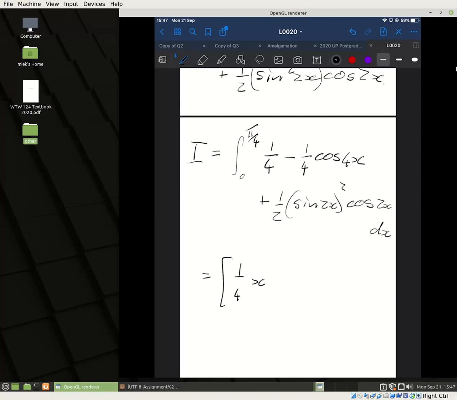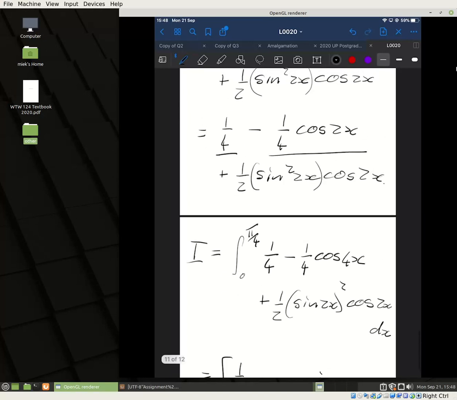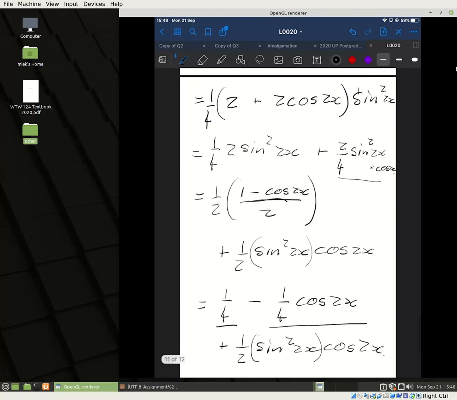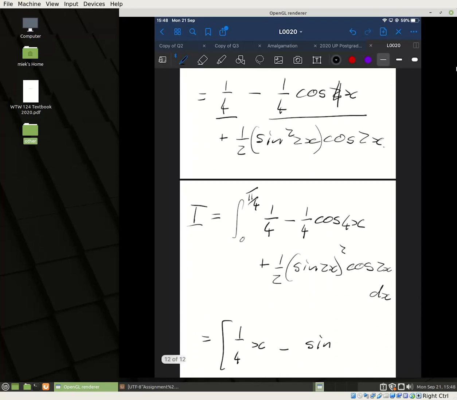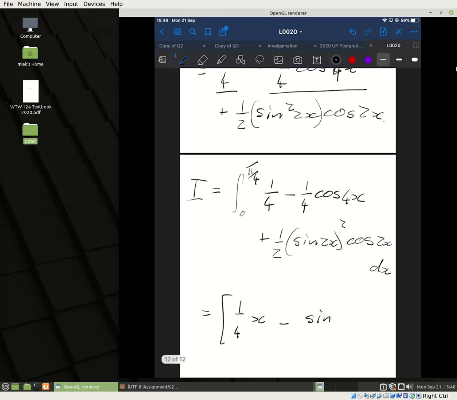Our integral here becomes minus sine. I made a mistake, because it was sine squared 2x, that actually should be a 4x, so 4 cosine 4x, there we go.